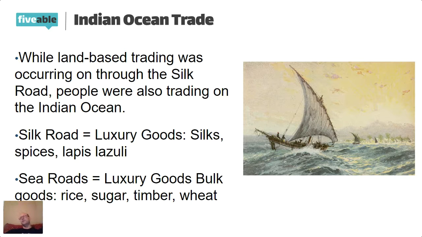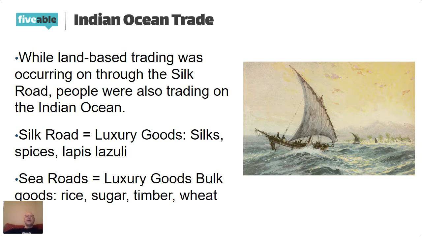So the further you went outside of China, the more valuable silk became. But bulk goods are just regular goods. But if you have a lot of it in your country and you can ship it somewhere, then you can still make a profit, and by boat, that's an easier thing to do than by caravan.